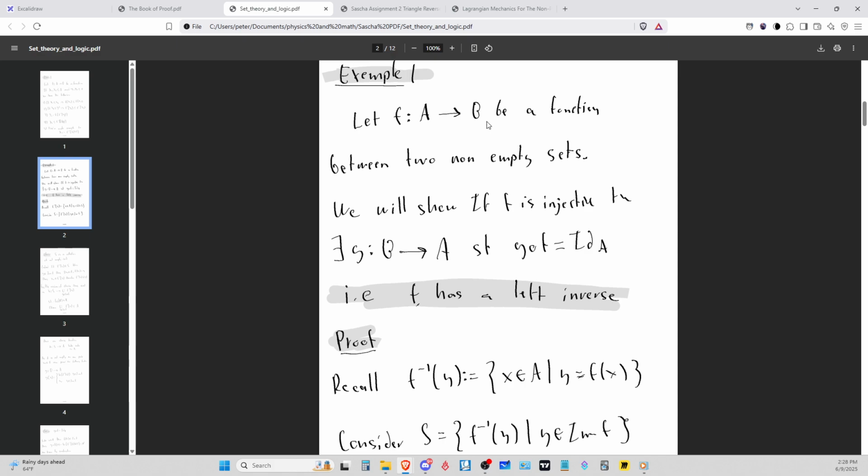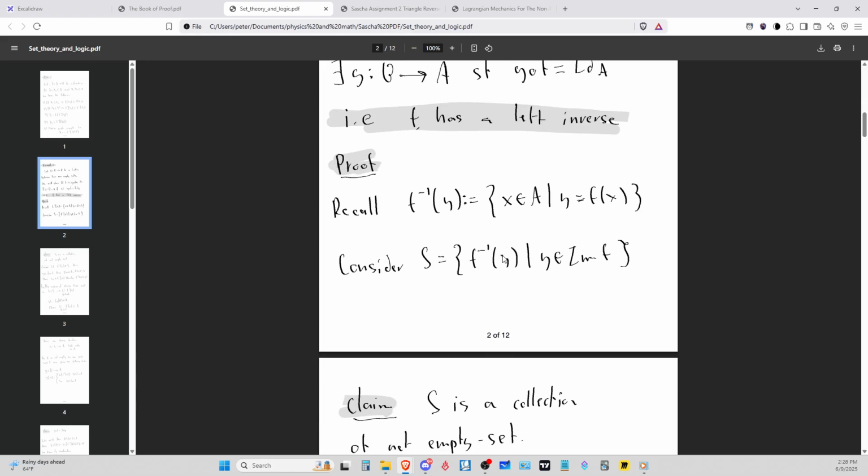Yeah, let f be a function between two non-empty sets. We will show if f is injective, there exists a function such that, okay, there's the identity on A. Okay, proof. Recall that. Okay, so this is the definition of an inverse. Consider a set S, which is like this.